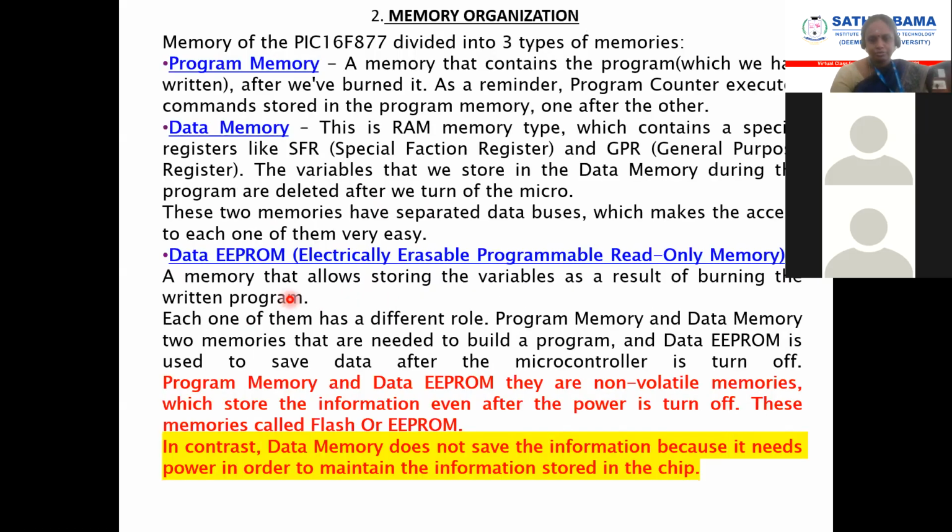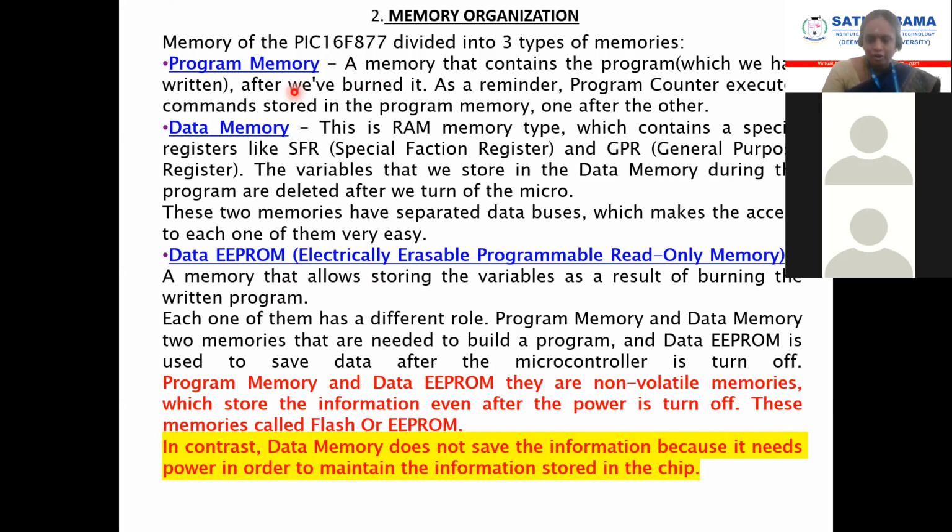Then memory organization, which is one of the important topics. I'm not going to see the memory organization separately, even though it is in the syllabus; the PIC 16F877 architecture itself covers the memory organization. In the PIC memory organization we have three memories.